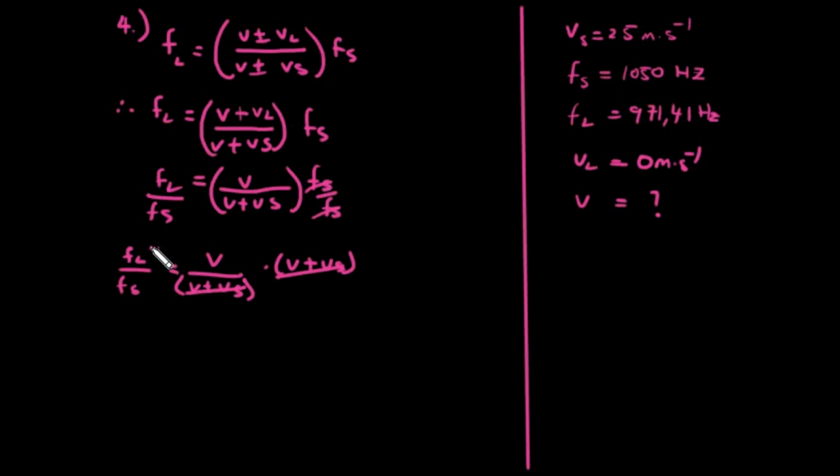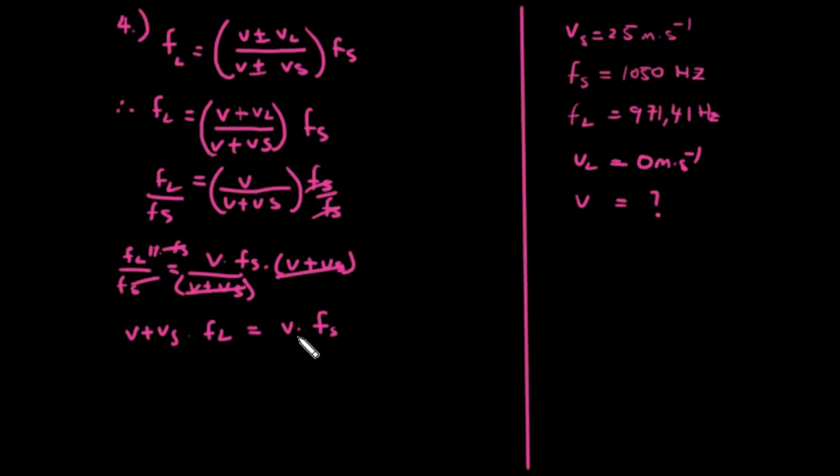Then I'm also going to multiply to get rid of the Fs on this side as well. So to make it a little clearer, I'm going to have V plus Vs times FL is going to equal V times Fs.